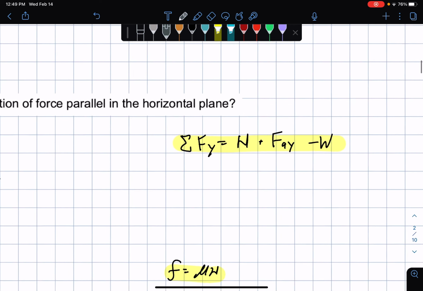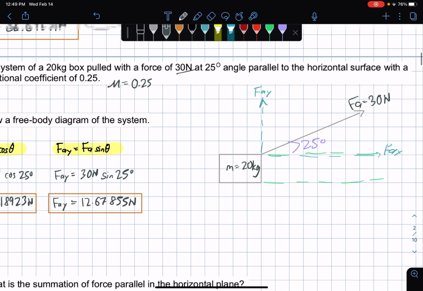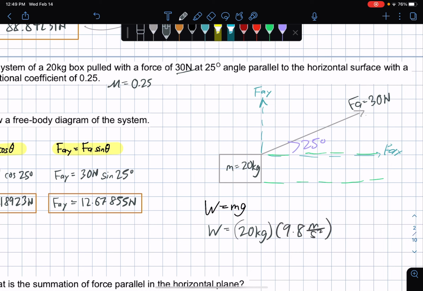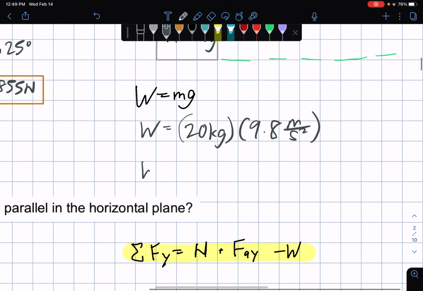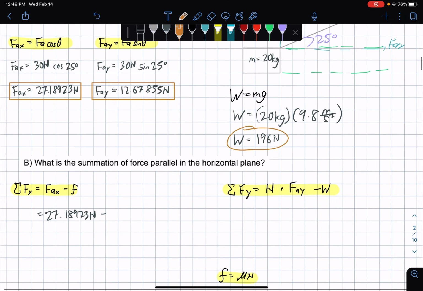Let's try, well, it's possible to find the weight. Let's look for the weight first. W is equal to mg. Weight is equal to the mass, which is 20 kilograms, times the gravitational acceleration, which is 9.8 meters per second squared. So 20 times 9.8 is equal to 196 newtons. But that's not the final answer, so it will not be boxed.